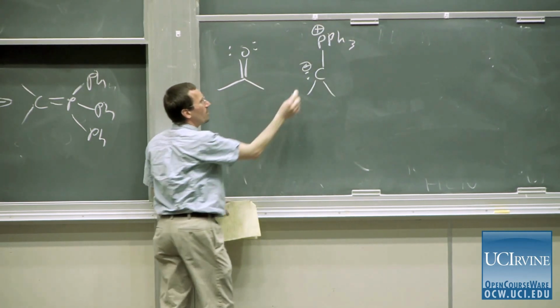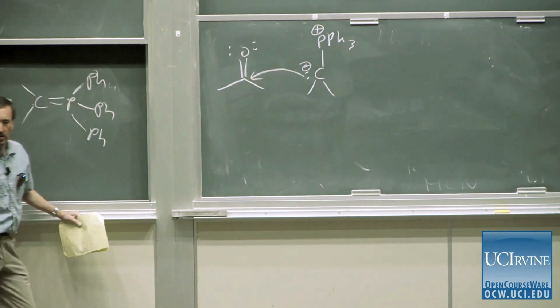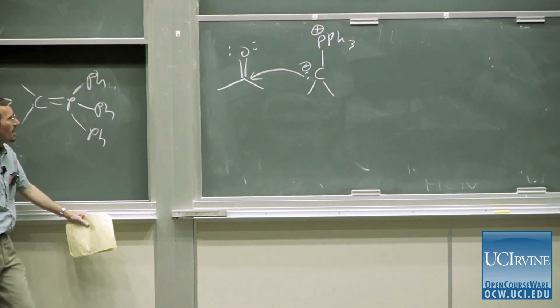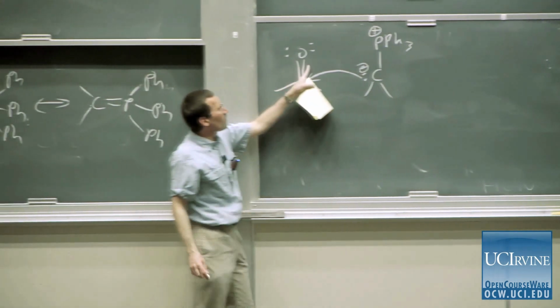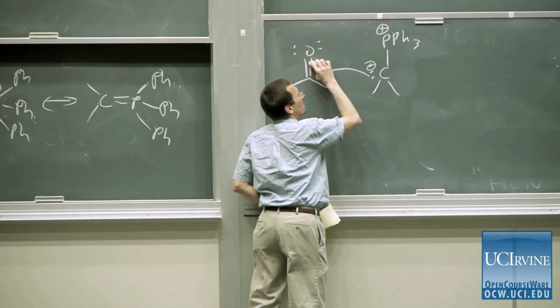Electrons can flow from the nucleophilic carbon to the electrophilic carbonyl carbon atom. And at the same time, they can flow up onto the oxygen, but form a bond with the phosphorus.